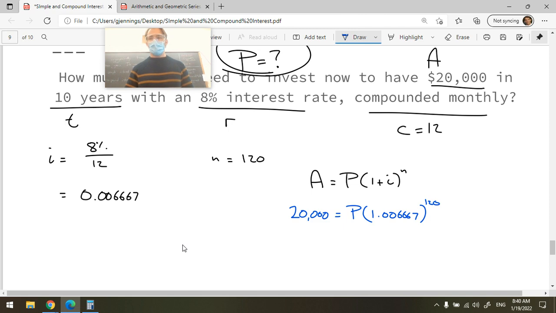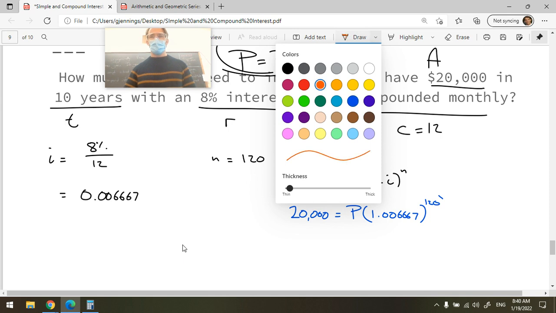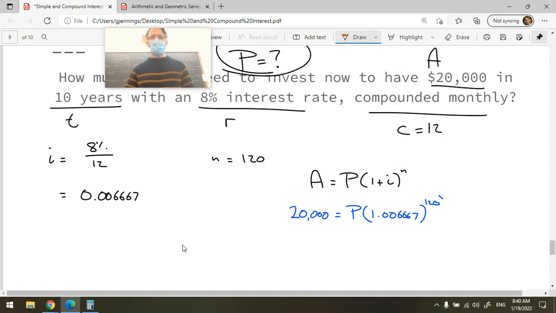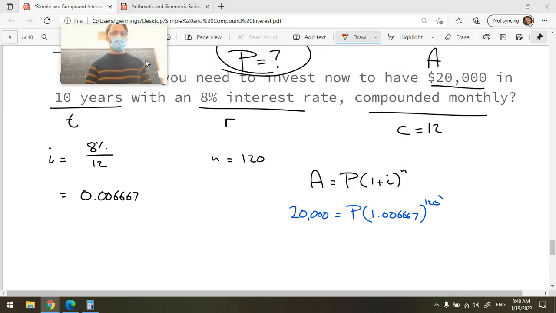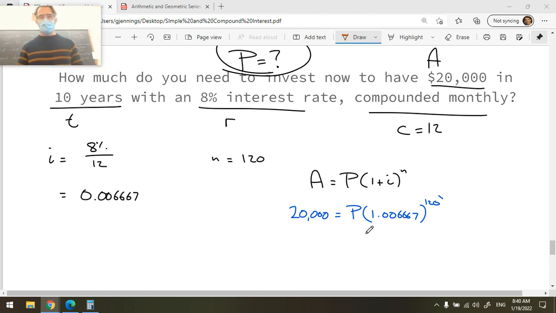Okay. Now, I can evaluate this and then divide by it and move it over, or I can divide by it now and punch it in on my calculator. And I prefer to do the latter. So I am going to do some inverse operations here. Because I know my goal is to find out P. How much do I need to invest right now? And so to do that, I'm going to isolate right away before I punch it. 1.006667 raised to the power of 120.